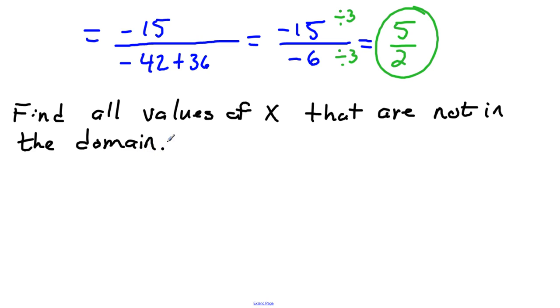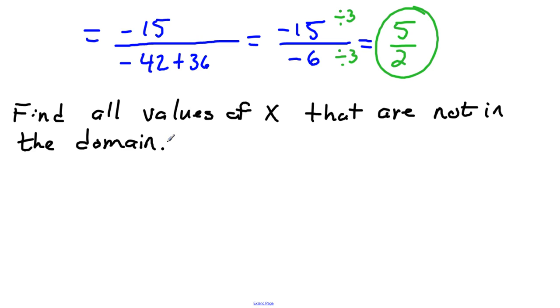Now here's where they're going to change the wording. A minute ago we did where it said list excluded values. This one they're going to change the wording, but it's still the same thing. They're going to say find all values of x that are not in the domain, which is still another way of saying tell me what the excluded values are.